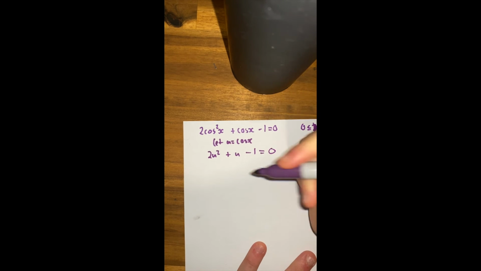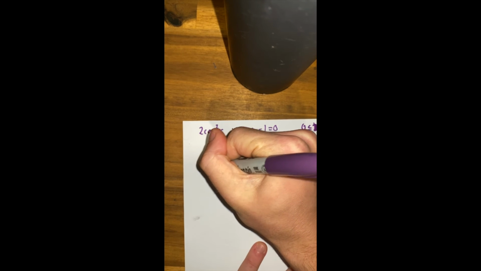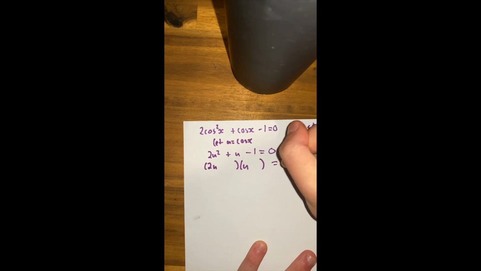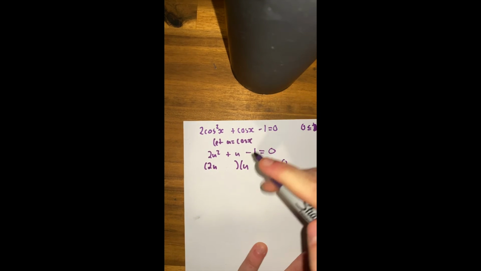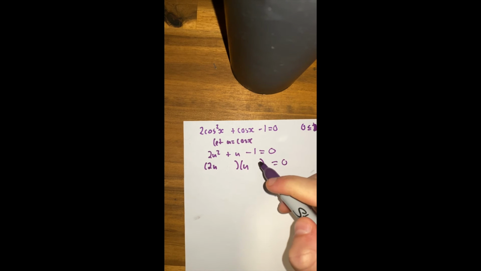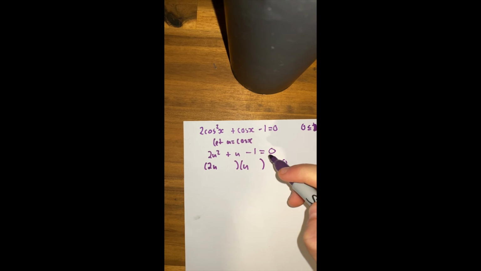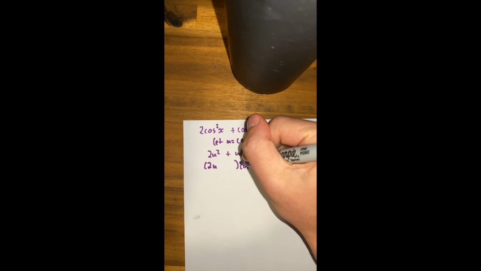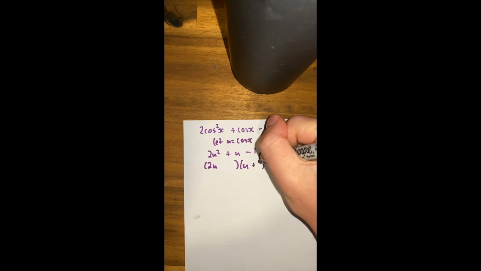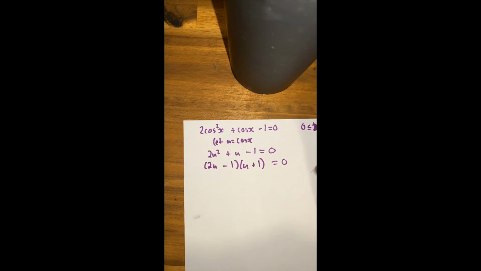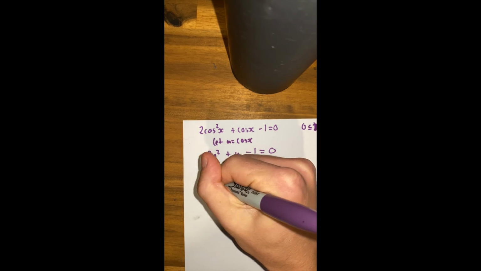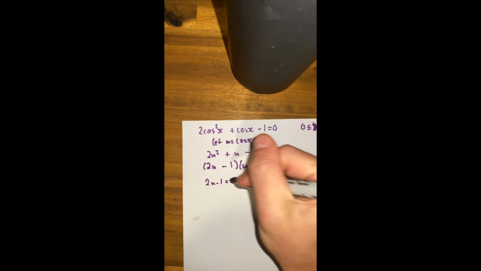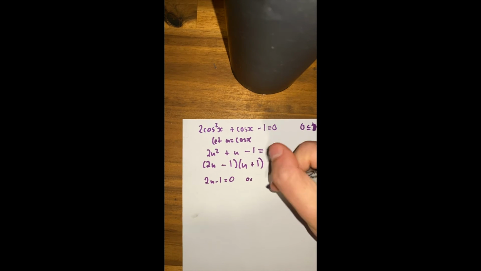And factorizing this, we get 2u, let's think about this, plus 1 minus 1, and therefore 2u minus 1 can equal 0, or u plus 1 equals 0.